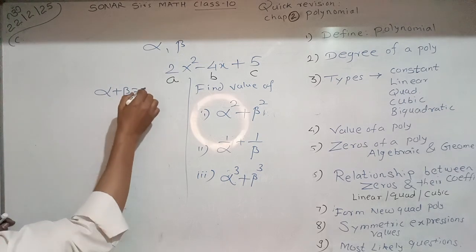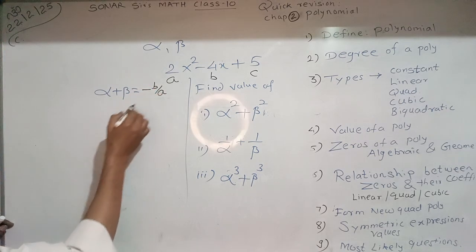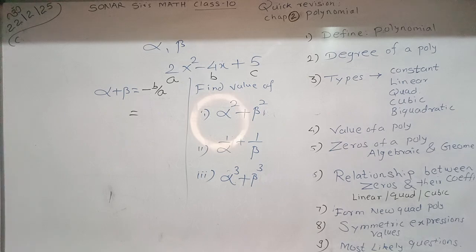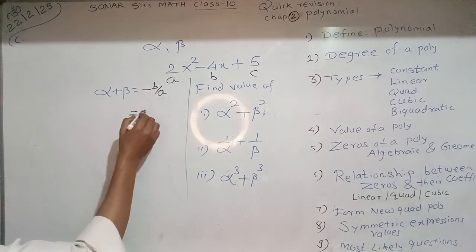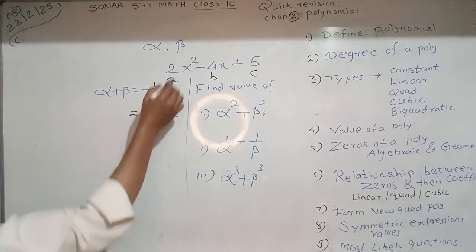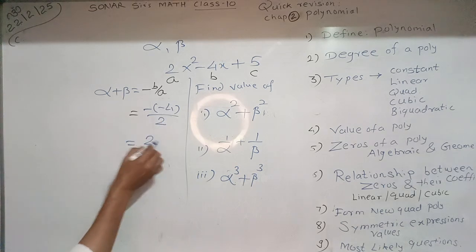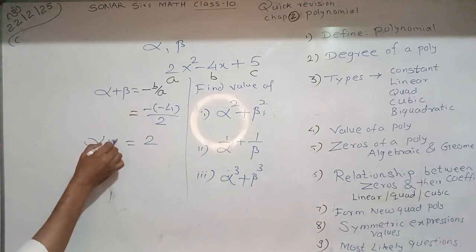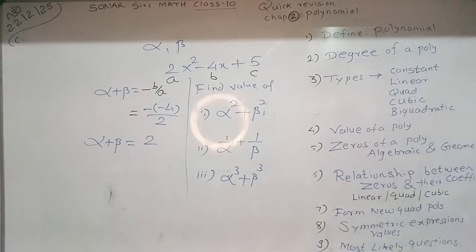So alpha plus beta is minus b upon a. What is the value of b? It is already minus 4, so minus of minus, and the value of a is 2. So we got the value of alpha plus beta as 2. Now we have to find their product also. Alpha into beta is c upon a.